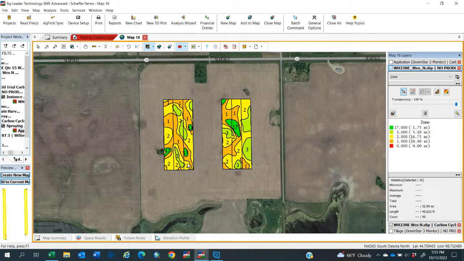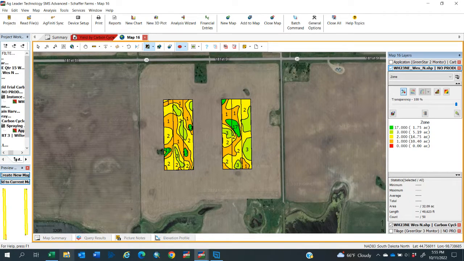So zone one, you can see how it crosses into and through the carbon cycle into the non-carbon cycle. Zone 17 here, same thing. So we compare zone 17 in the carbon cycle to zone 17 yield outside the carbon cycle.